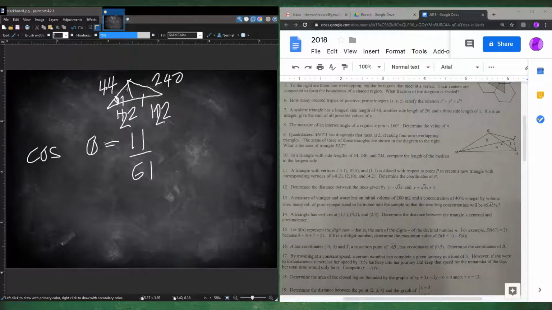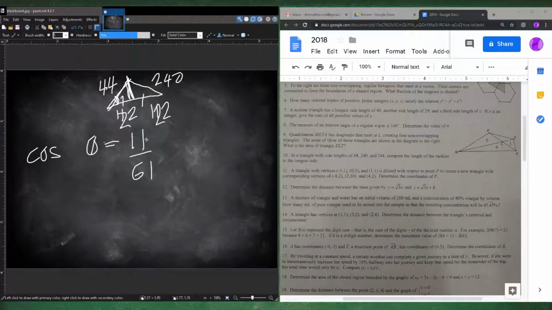Okay. So now, since we did the larger triangle, now we're going to do the smaller triangle, which is right here, because then we could take this side length right here, which is what we want to look for. For question 10, we want to compute the length of the median. The median is this line, basically.